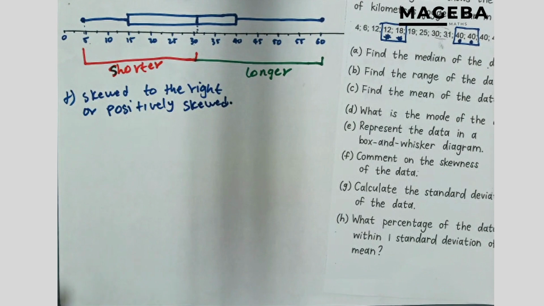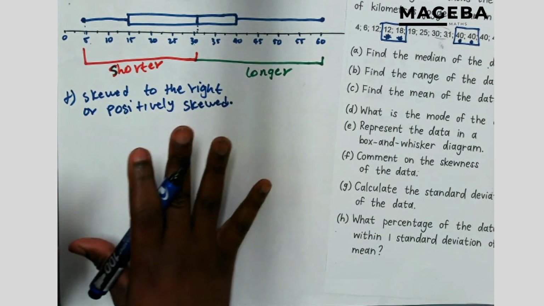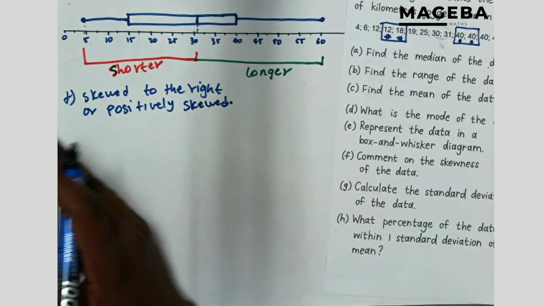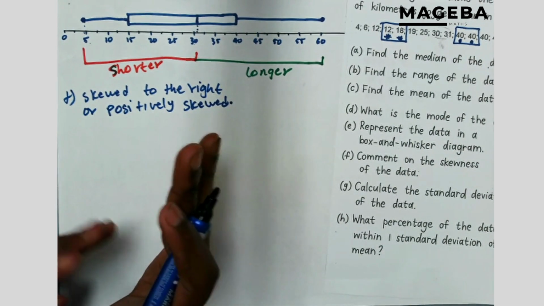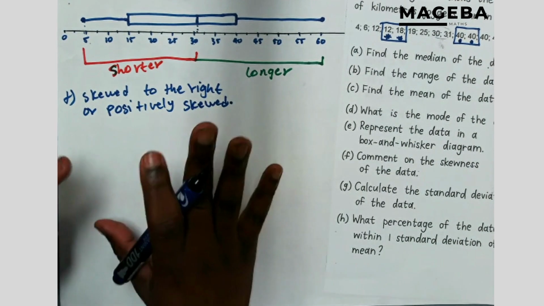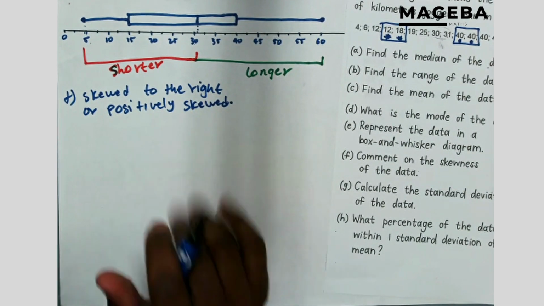I made a video on understanding skewness, negatively skewed or skewed to the left, or positively skewed or skewed to the right. There's a specific video telling you everything about how to understand skewness.